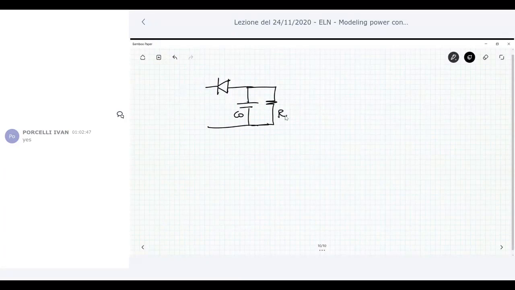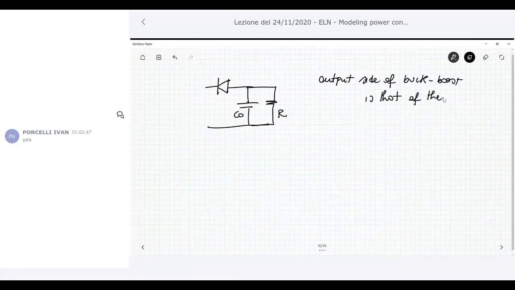Okay, so the output side of a buck boost is that of the boost. Okay, you have the diode here. The polarity is changed, but there is always a diode here, and then you have C naught and R.